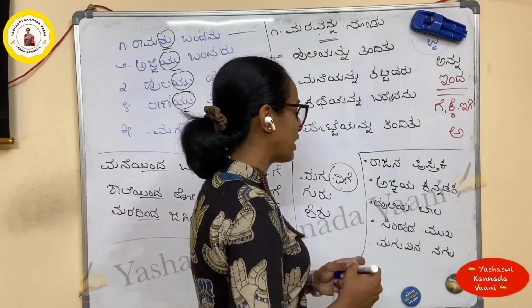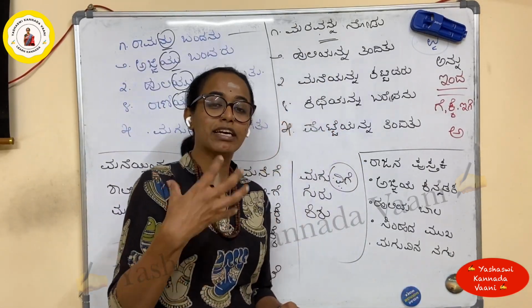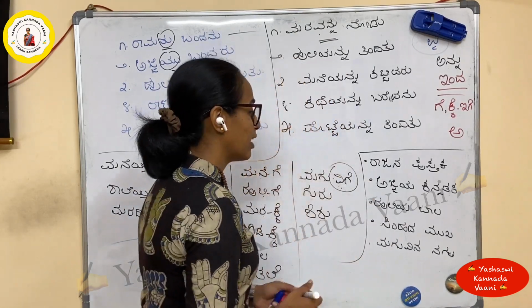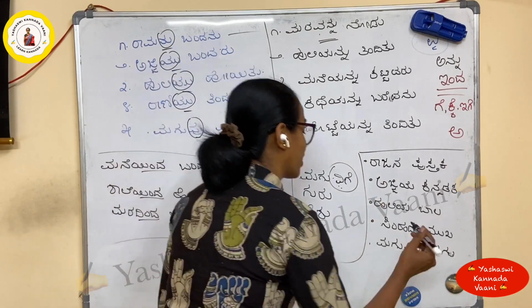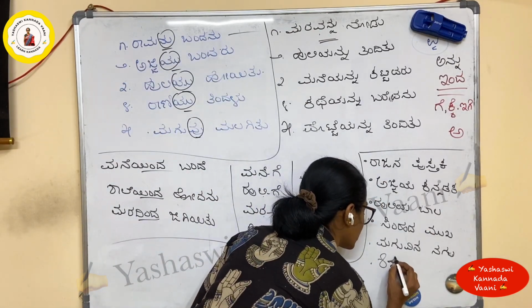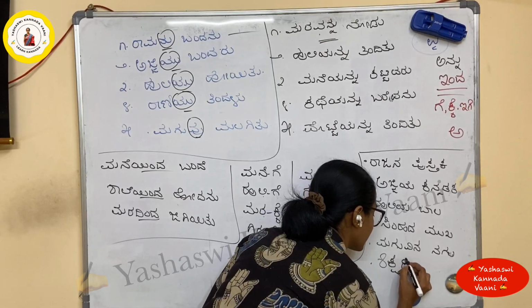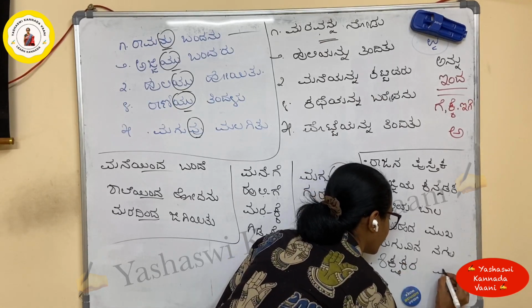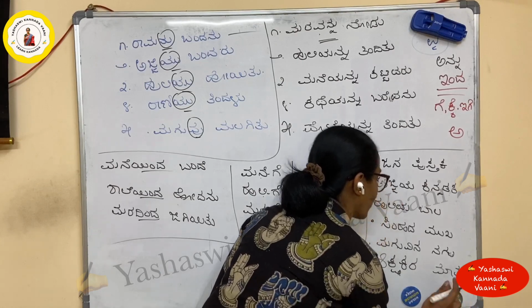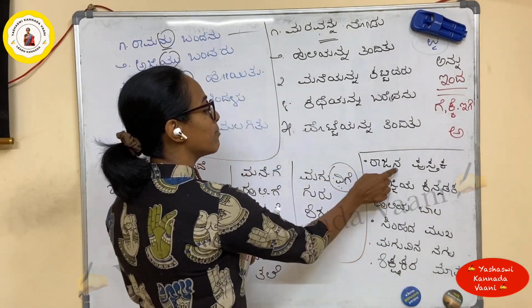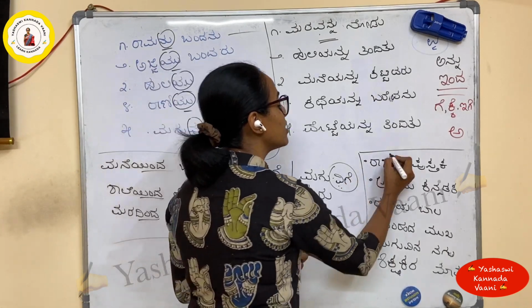So in all different instances, there is a different thing that is going to come mostly. Okay, I'll write one more also. Shikshakara Matu. Okay, so first I'll come to the male part. If there is a male, mostly it comes with the na sounding.